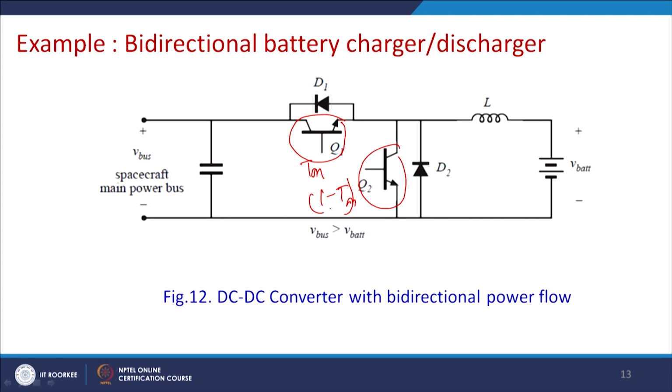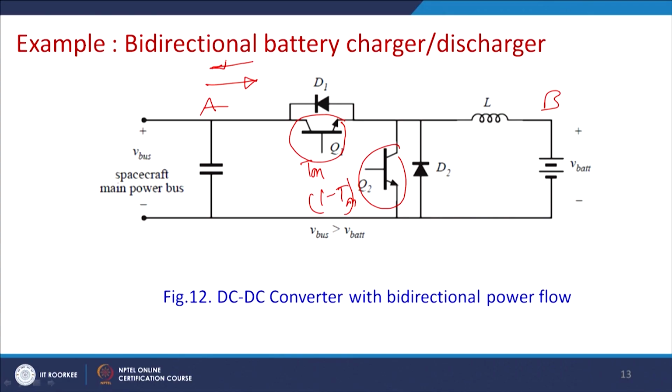So, in this case there will be a change. In a normal mode of conduction or the charging of the battery, power is required to flow from point A to point B, but in case the battery is supplying, then power is required to flow from B to A.